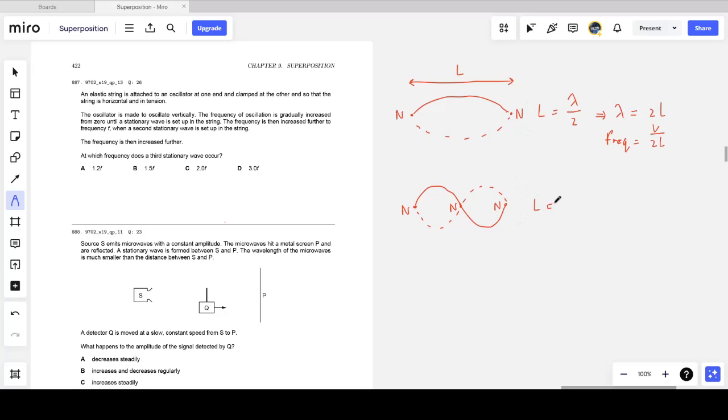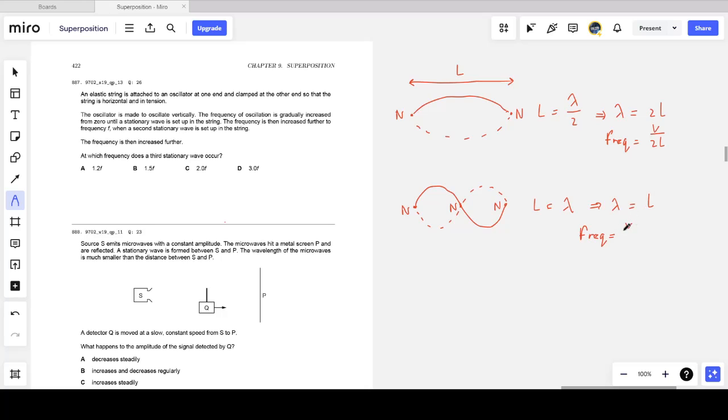And here the length of the string is still L, but I have one complete wavelength. So the length of the string is one wavelength, which means that lambda is equal to L, and the frequency is speed over wavelength, V over lambda.